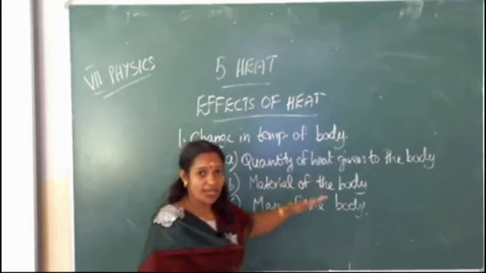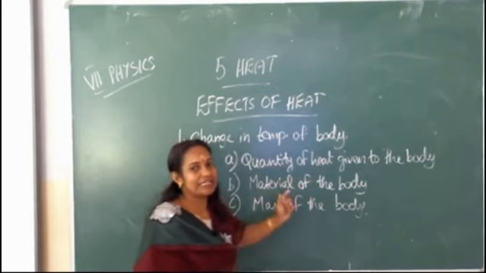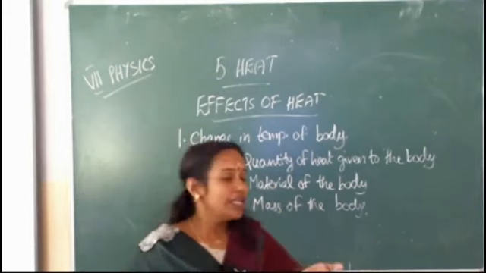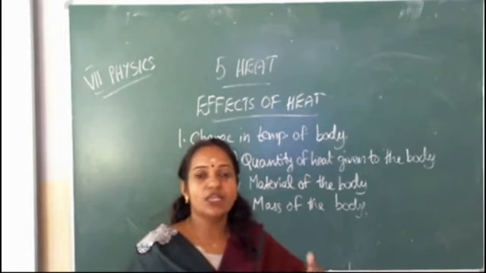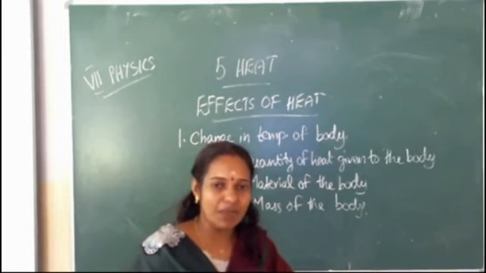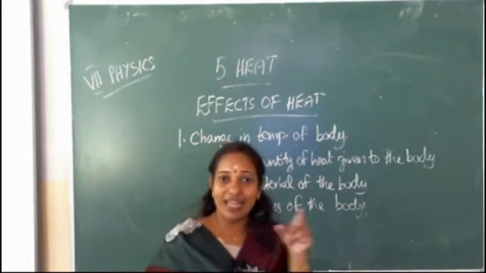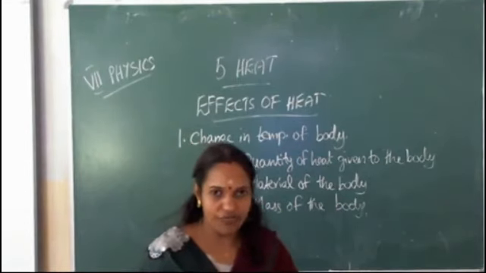If it is an insulator, the amount of heat absorbed will be less and the increase in temperature will be less. Last one, mass of the body. If you have to increase the temperature of heavy object, you have to provide large amount of heat. But if you have to increase the temperature of a light body, you have to give only a small amount of heat.